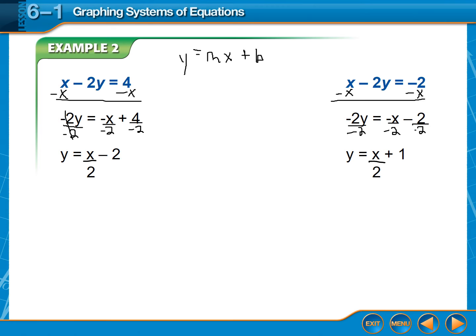Again, if it doesn't make sense to you, there's a 1 here. So it's negative 1x divided by negative 2. So when I divide negative 1 and negative 2, I'm left with positive 1/2, because a negative and a negative makes a positive. So 1/2 x, and 4 divided by negative 2 is negative 2. So my new equation, y equals 1/2 x minus 2.